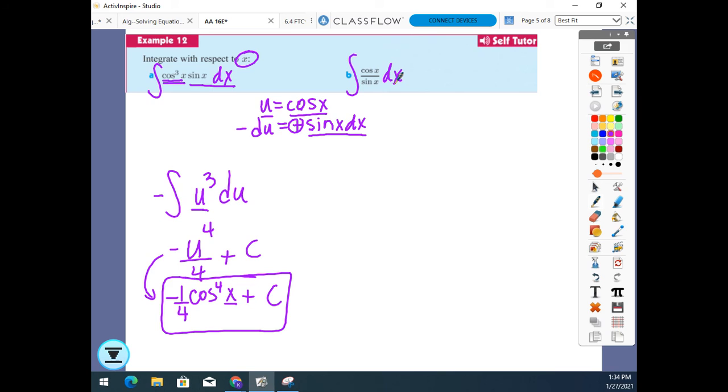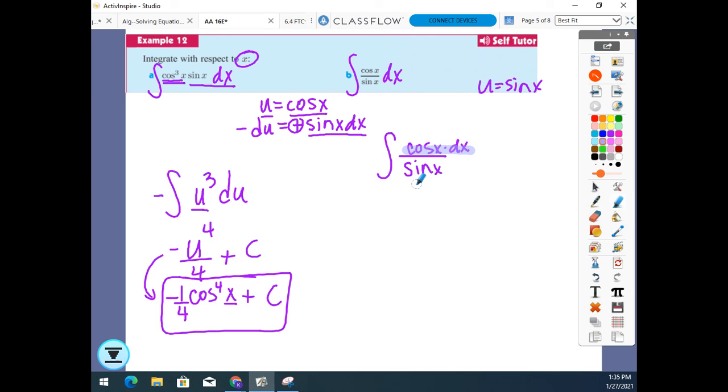If you have a fraction, if you're dividing two functions, you're always going to choose the denominator as your u. And this is why. Technically, the dx is in the numerator with the cosine, so that this needs to be the du.